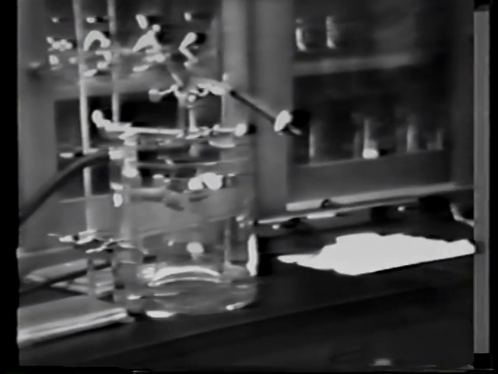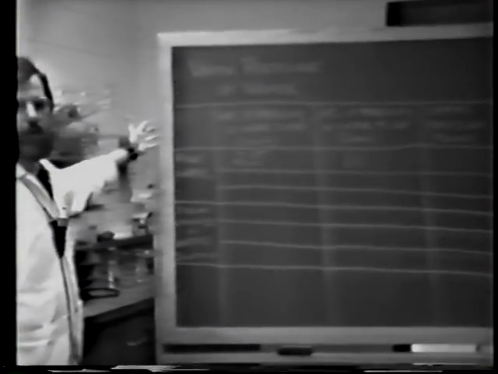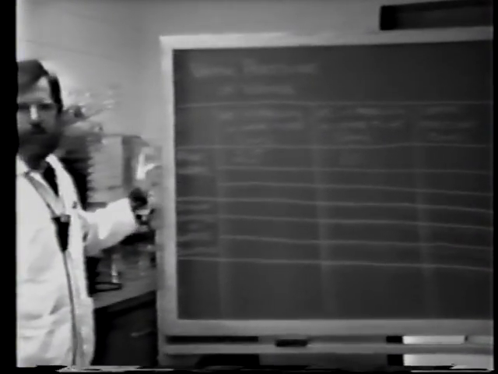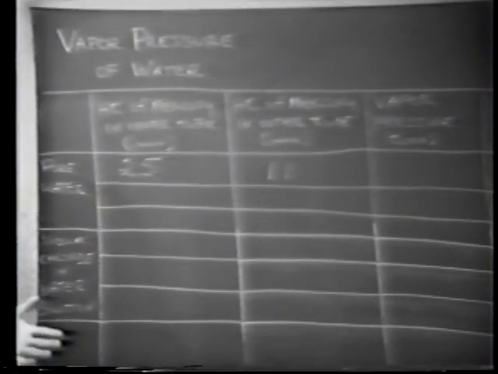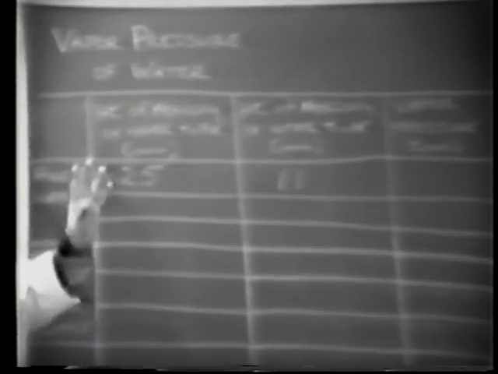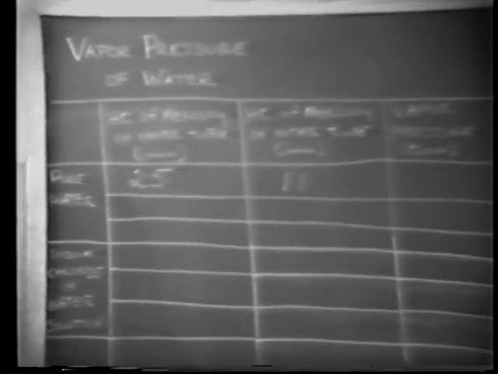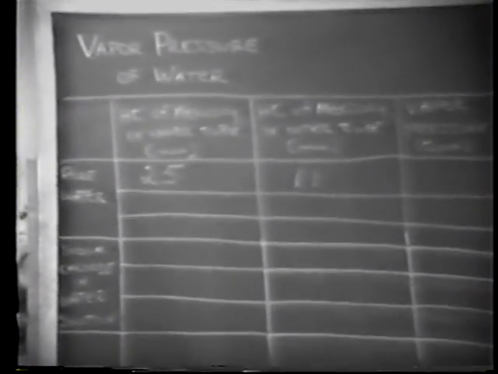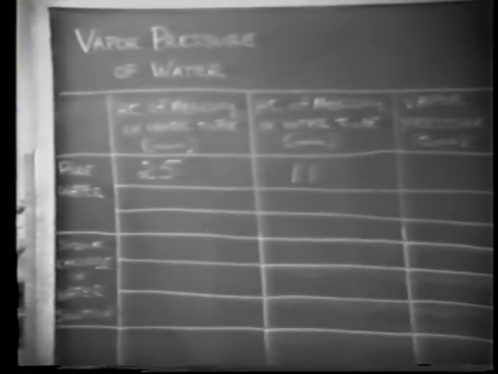Okay, fine. Now, I've entered this data on the blackboard in much the same way. I've made this chart up to look very much like the charts that I've handed out to you. So while we're taking the data, you repeat the data, and I'll tell you what you'll have to do with it at the end of the demonstration.